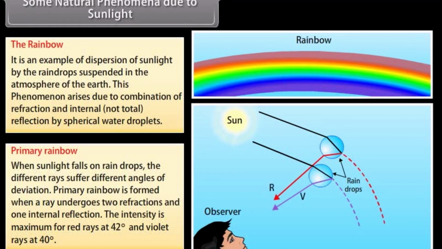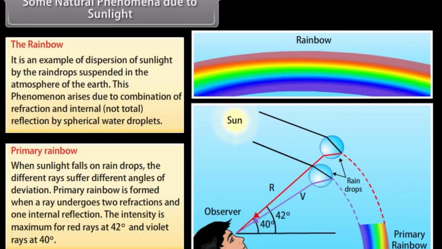When sunlight falls on raindrops, the different rays suffer different angles of deviation. A primary rainbow is formed when a ray undergoes two refractions and one internal reflection. The intensity is maximum for red rays at 42 degrees and violet rays at 40 degrees.